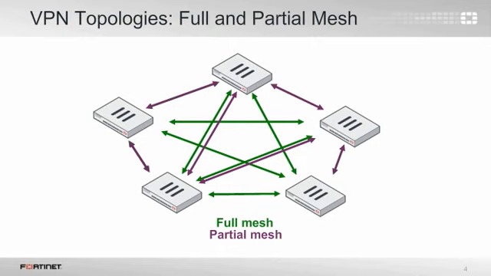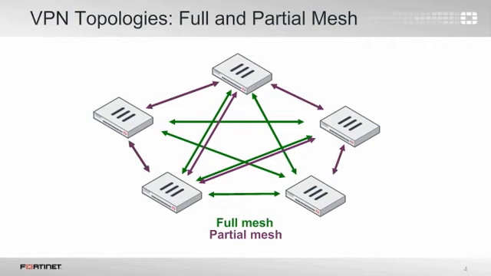This topology causes less latency and requires much less HQ bandwidth than hub and spoke. What are its disadvantages? Every spoke FortiGate must be more powerful. Additionally, both administration and troubleshooting get more complicated.